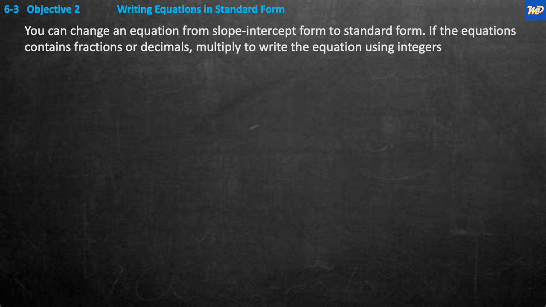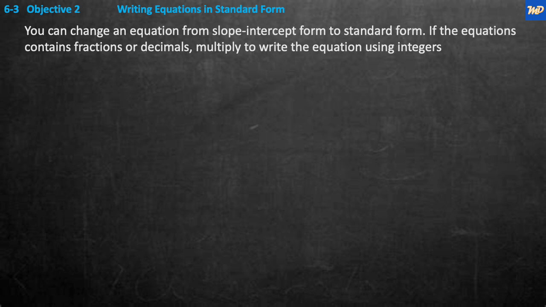Okay, objective 2, writing equations in standard form. So now we're going to talk about writing the equation from, like say, the slope-intercept form, which is the other form, you know. We just did that in the last section. The slope-intercept form we can convert to standard form, and we're going to look at doing that as we come forward. It says you can change the equation from slope-intercept form to standard form.